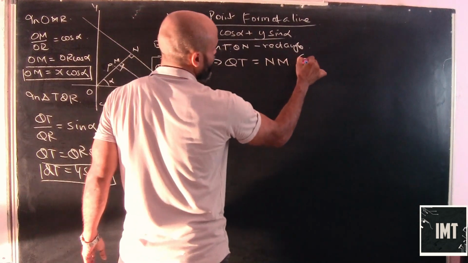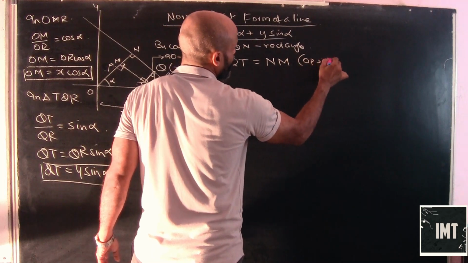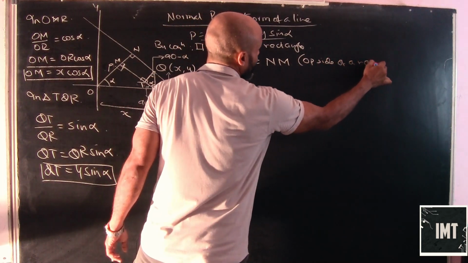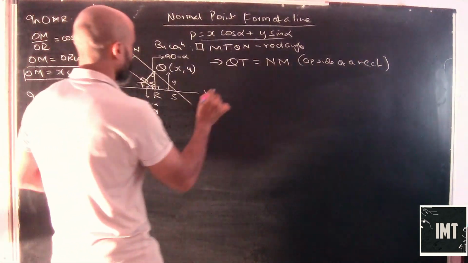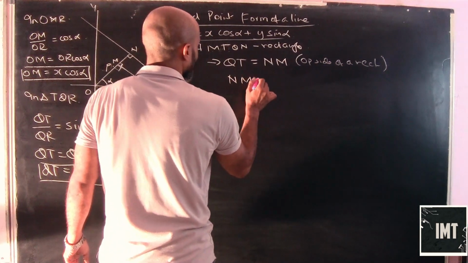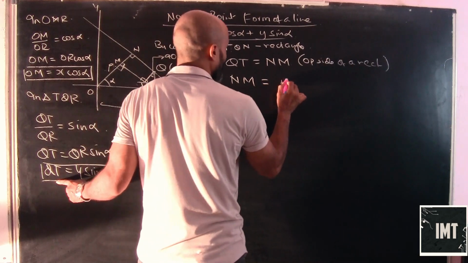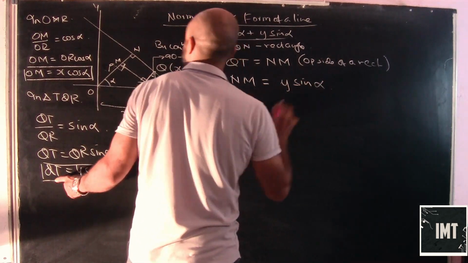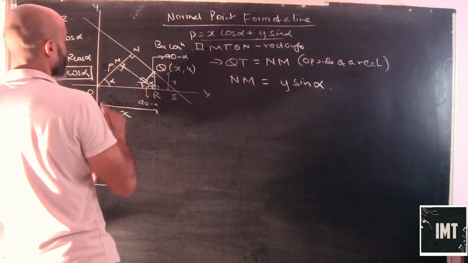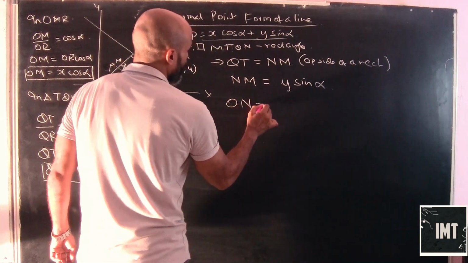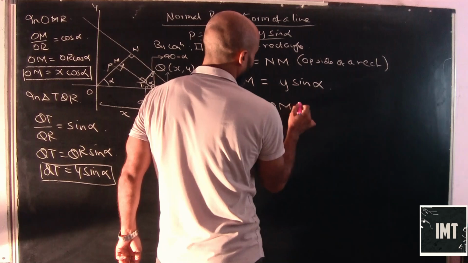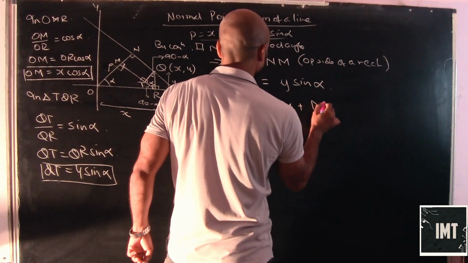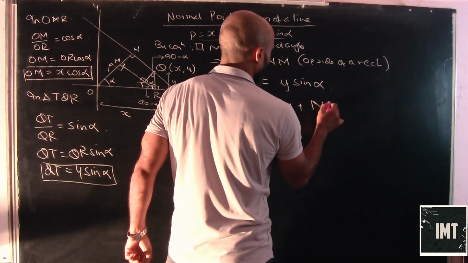Opposite sides of a rectangle are equal, so these two will be equal. So we can say that NM will have a value of y sine alpha. Now look at this very carefully. ON will be equal to OM plus MN, or NM, whatever you want to say.